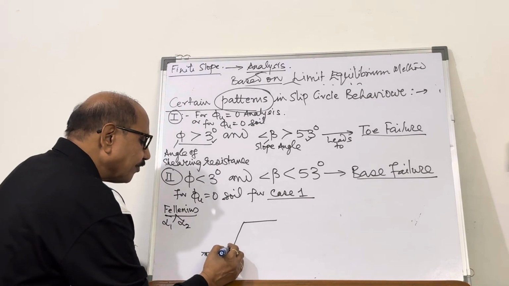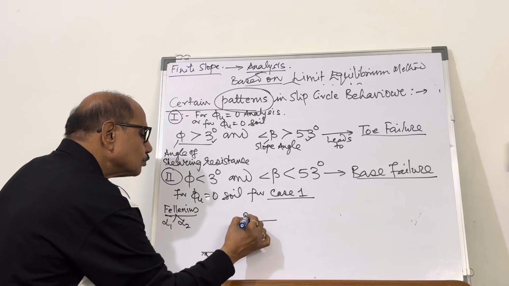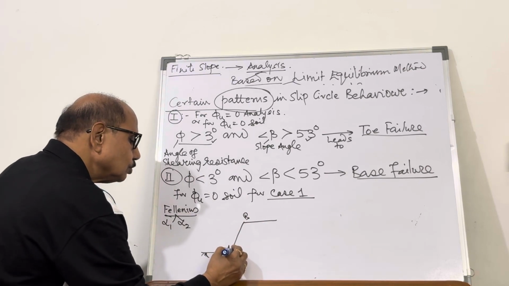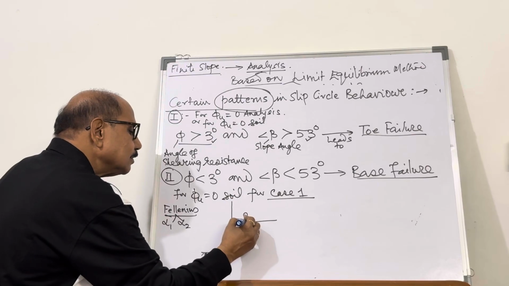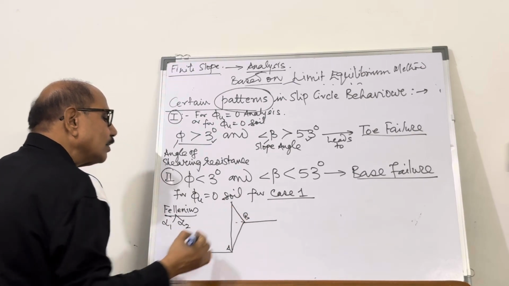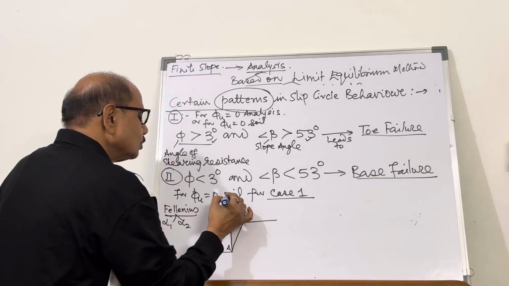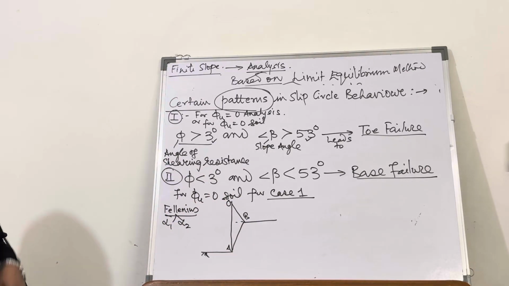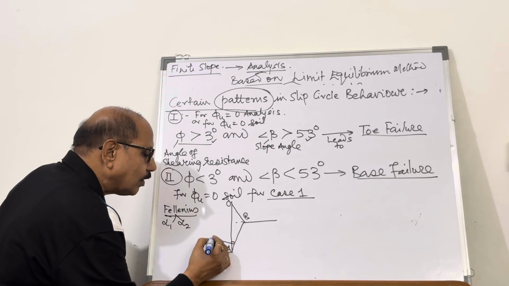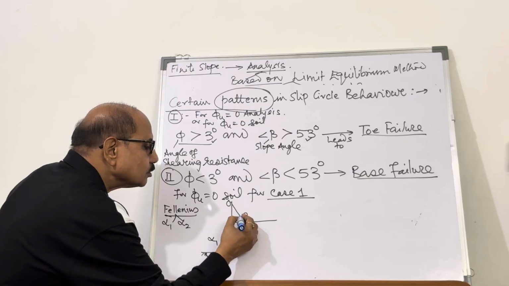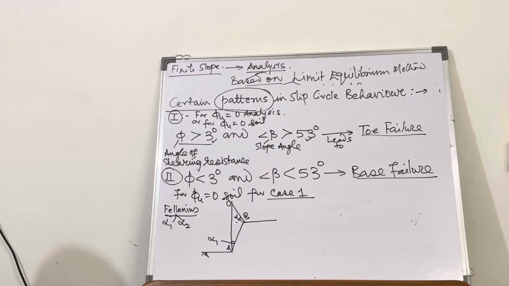So, if AB is the slope, what you are going to do? Alpha 1 here and alpha 2 here. This becomes the center of rotation. So this becomes alpha 1. This becomes alpha 2. Very simple.